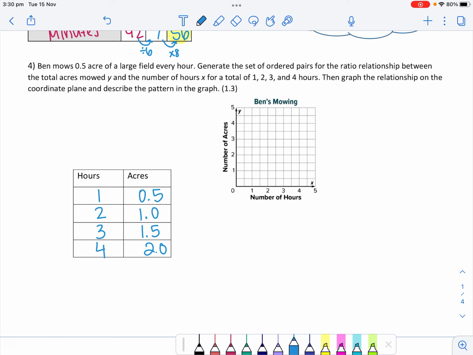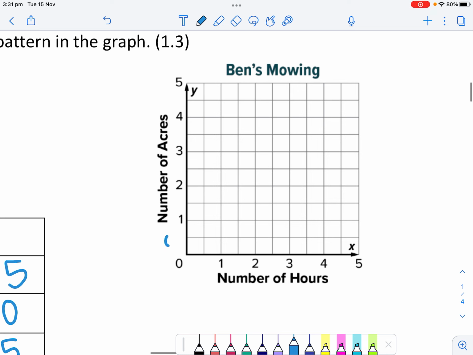So in between each one of these on the graph is going to be 0.5. So 1 hour is 0.5, 2 hours is 1, 3 hours is 1.5, and 4 hours is 2.